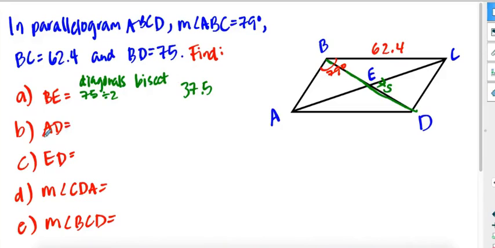Next, it asks us to find AD. Well, AD is that parallel side to BC, so AD is also 62.4. And ED is the same distance as BE. These two are equivalent. They're bisected. So that means that ED is also 37.5.